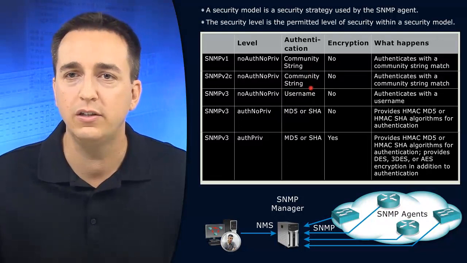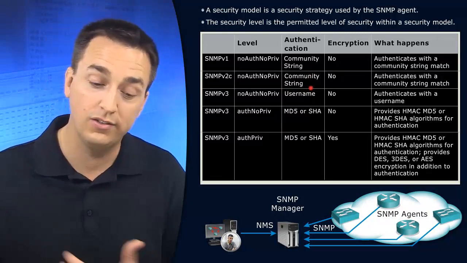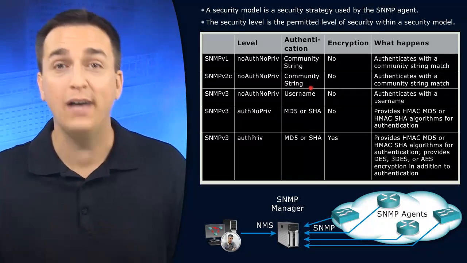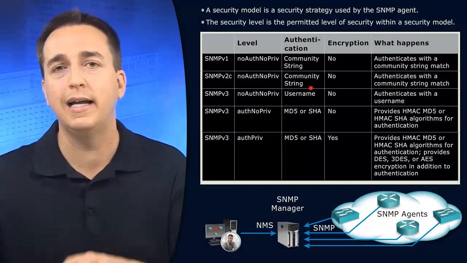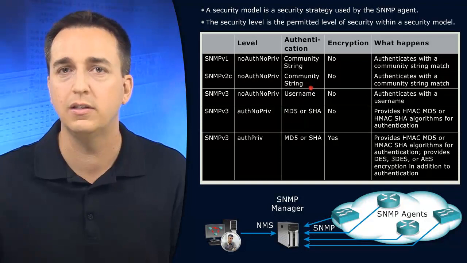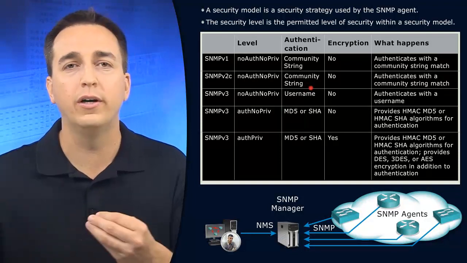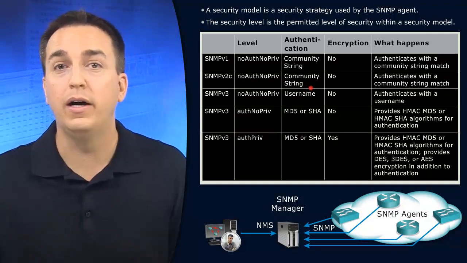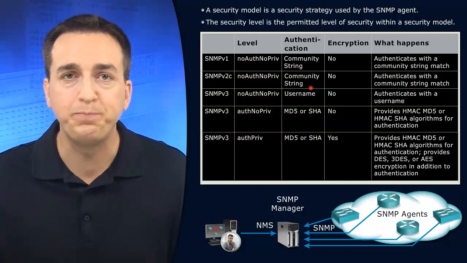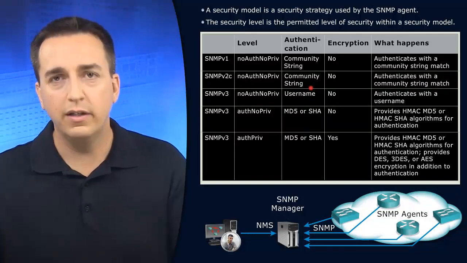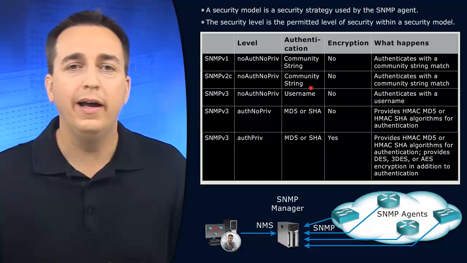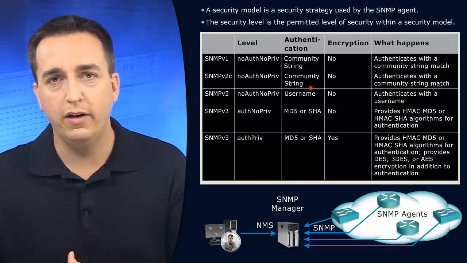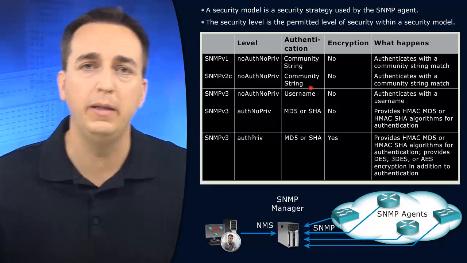What is a community string? Well, a community string is just a password. That's all it is. The problem, though, with version 1 and version 2C is that the community strings are sent in clear text. Therefore, it's easily readable by a man-in-the-middle capture. And as a result, we do have a vulnerability at this point, and that could be taken advantage of, and our SNMP implementation could be breached.